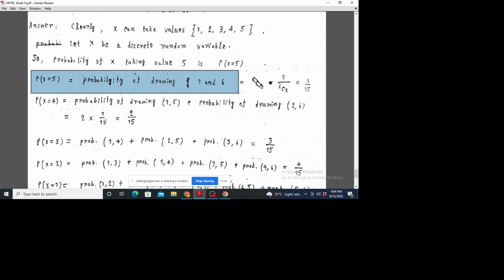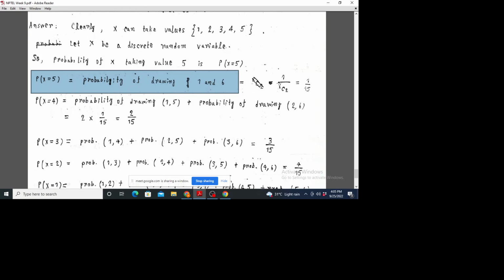There is only one scenario when x can take 5, and that is when you draw 1 and 6. There is no other scenario that will give you 5. And out of 6 numbers, in how many ways can you draw two distinct numbers?